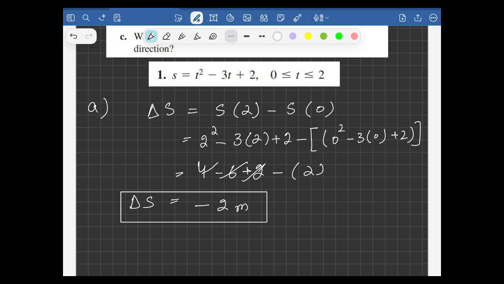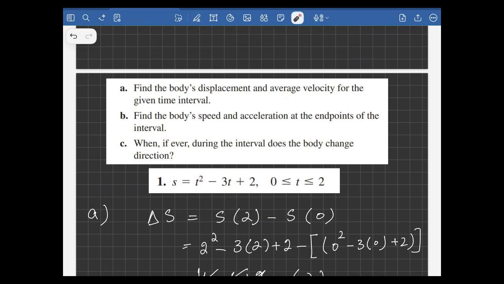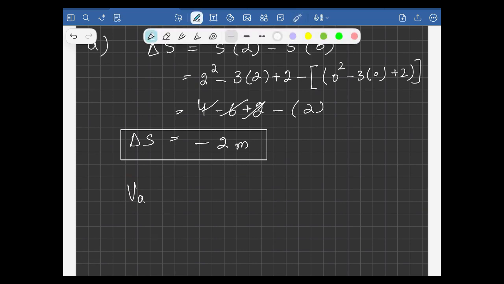Simple as finding. Okay, in the second part of the discussion, they said find average velocity. So let's see how we find the average velocity. Average velocity, we represent it with the letter VAV, and it equals the change in the displacement divided by the change in the time interval.